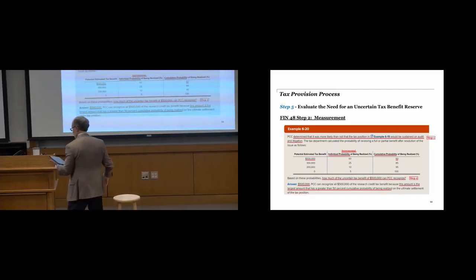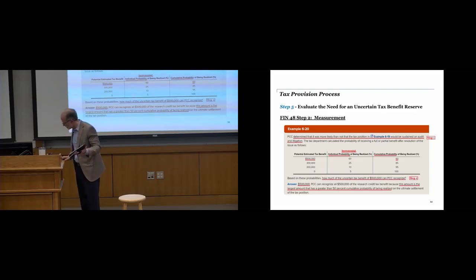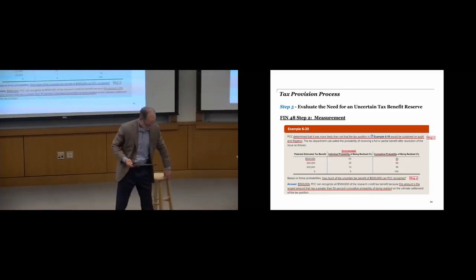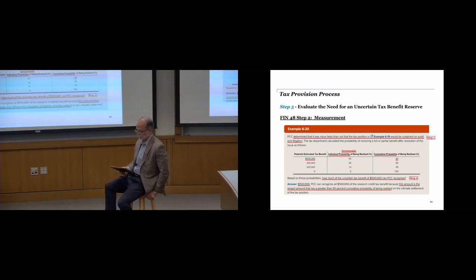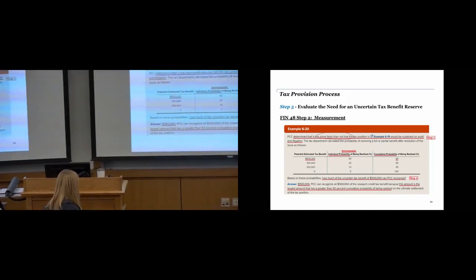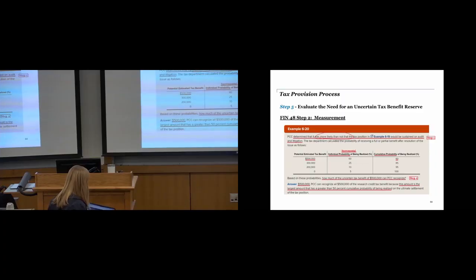So 620 is Hollis. PCC determined that it was more likely than not that the tax position in example 619 would be sustained on audit and litigation.